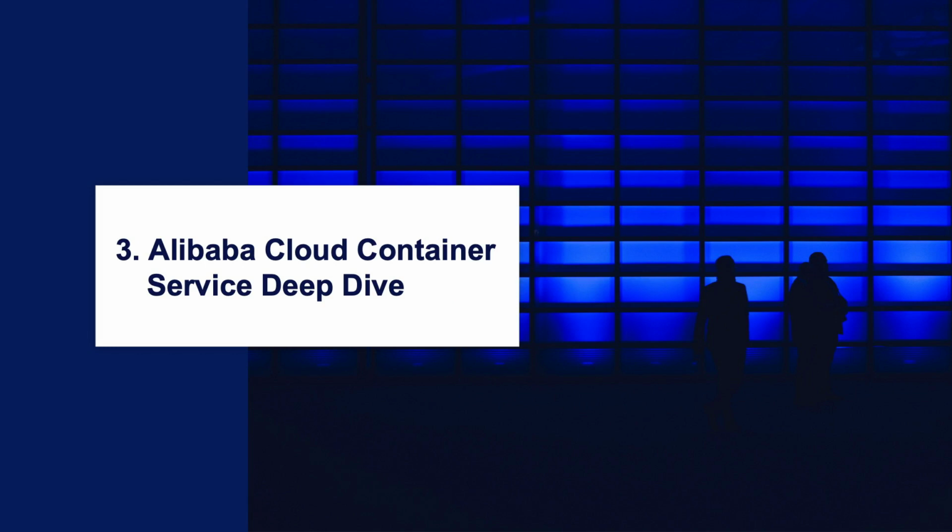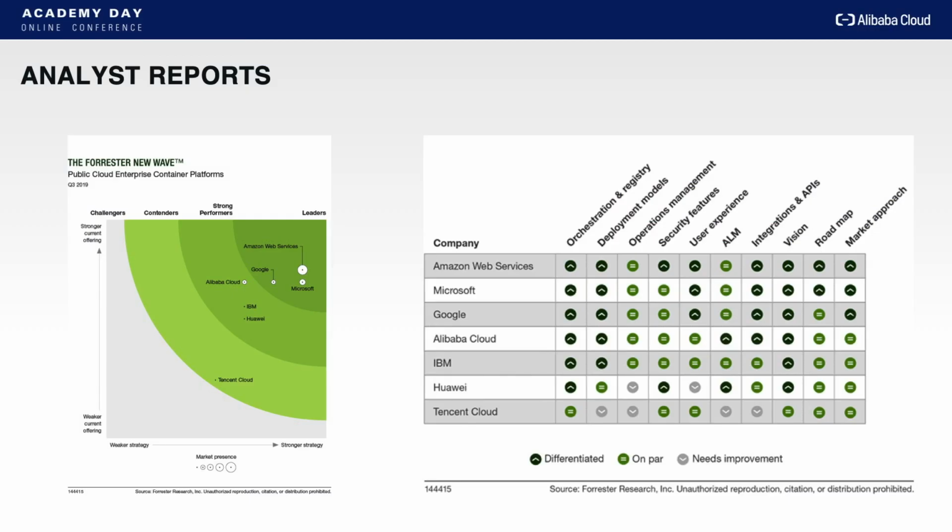In the next chapter, we will talk about the Alibaba Cloud Container Service. According to the latest analysis report of the Forrester Wave, in the public cloud enterprise container platform sector, Alibaba Cloud Container Service is in the strong performer zone, ranking the fourth place. On the right side is the vendor quick card overview.